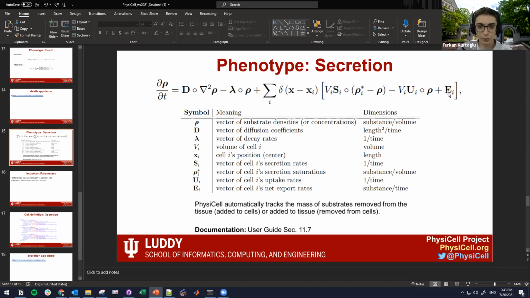For instance, when we do flux balance analysis and create a number of cells and number of substrates as an amount, we don't want to change the secretion rate based on the volume. So we put this export rate, which is just a substance per time. Therefore, we are just using that value to secrete or to uptake. So this can be both secreting and uptaking.